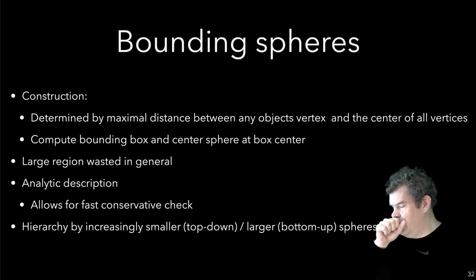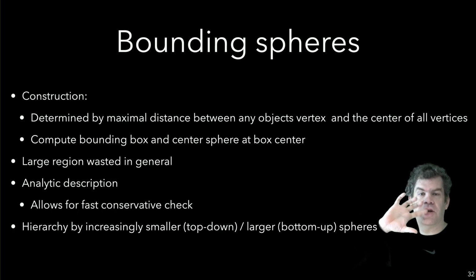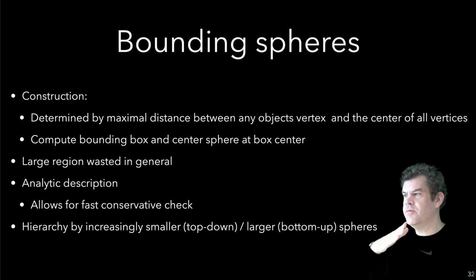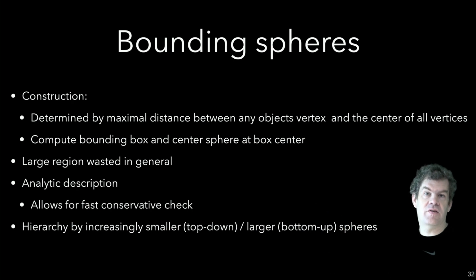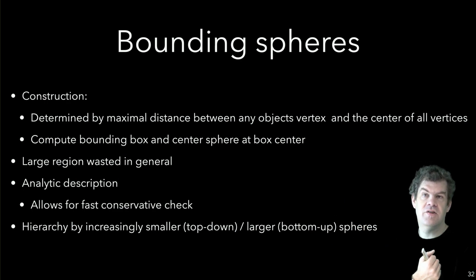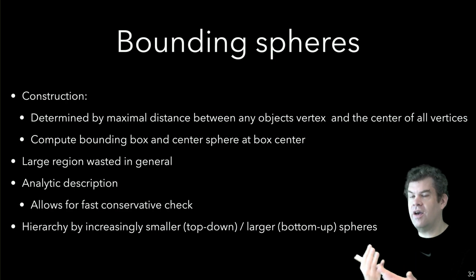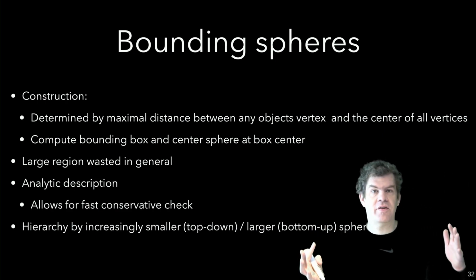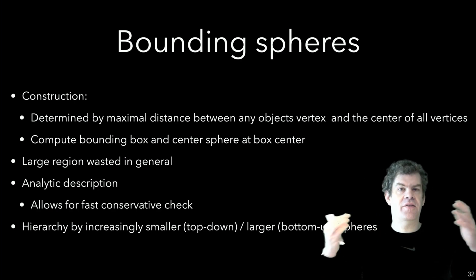So for instance, if you move your object around, you can also move the sphere around. So the sphere doesn't have to be recomputed. If you move your object by 10 units to the left, you'd simply move the center by 10 units to the left and you're done. The same is true if you rotate an object. A sphere is rotationally invariant, meaning if I rotate it, nothing changes. So if I rotate an object, I have to do nothing. If I scale an object, say I blow this up by a factor of 5, all I have to do is scale the radius up.